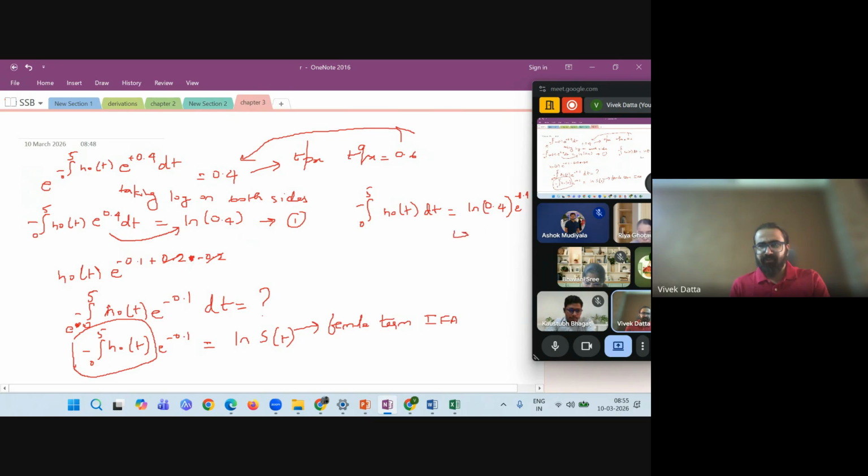If I call this 2, replacing 2, what will I get? I will get my final value to be e raised to minus 0.1 into e raised to minus 0.5 into ln of 0.4.